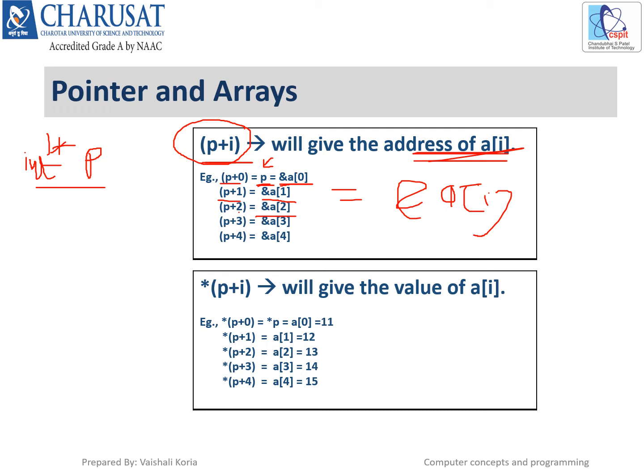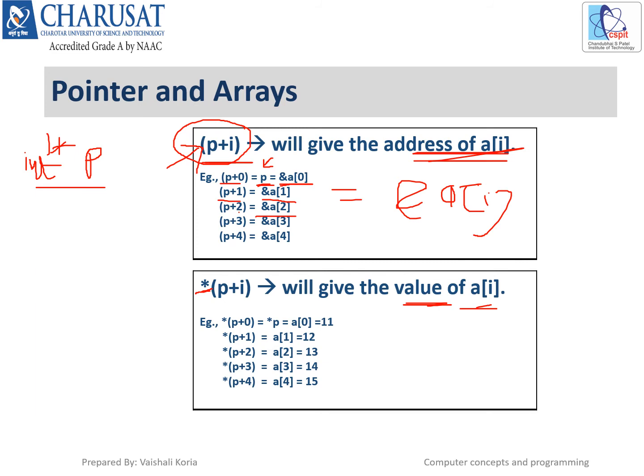So in this way you can access the addresses of the array elements. Now addresses we can get using this p + i, but when you are using the indirection operator with this expression, it will give you the value of a[i]. So *(p + i) will give you the value of the array element a[i].